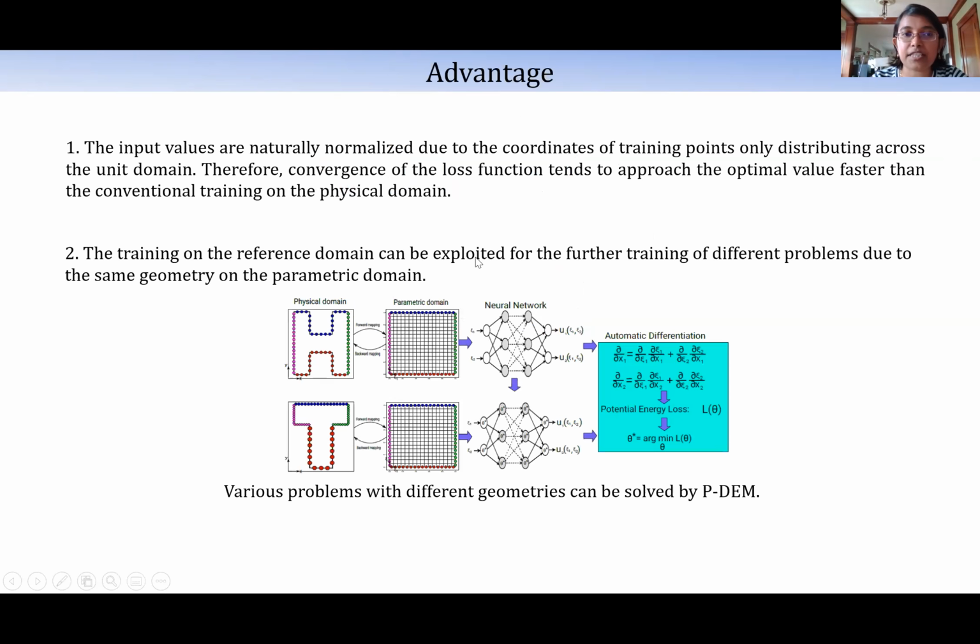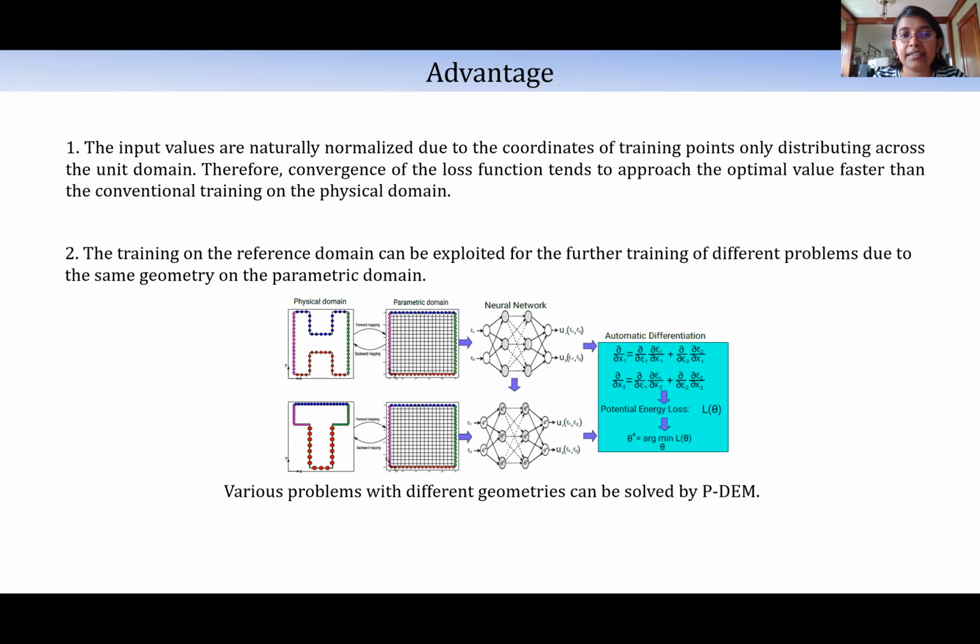Now, the advantages of this approach. First, the input values are naturally normalized due to the coordinates of the training points being restricted to 0 and 1, since the integral is performed between 0 and 1. Therefore, the convergence of the loss functions tends to approach the optimal value faster than the conventional training on the physical domain.